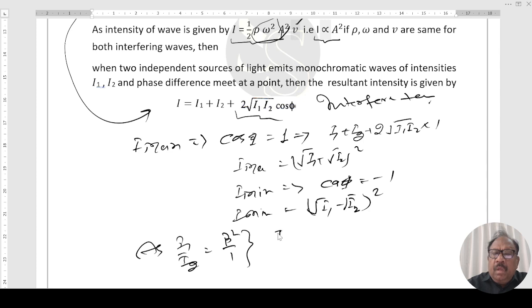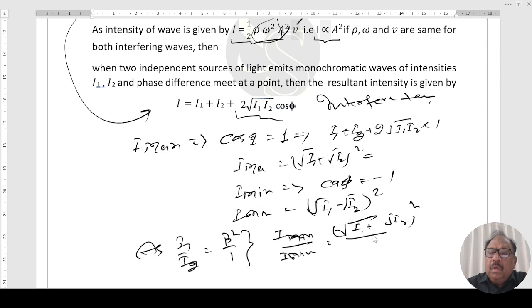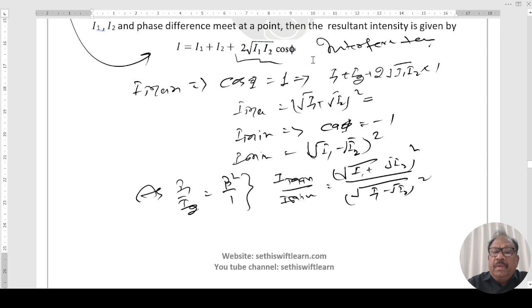Therefore, I maximum upon I minimum can be written as root I1 plus root I2 whole square upon root I1 minus root I2 whole square, right?